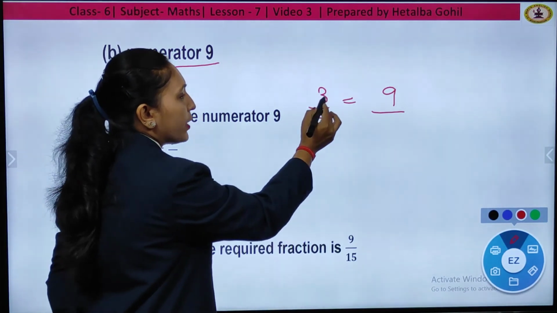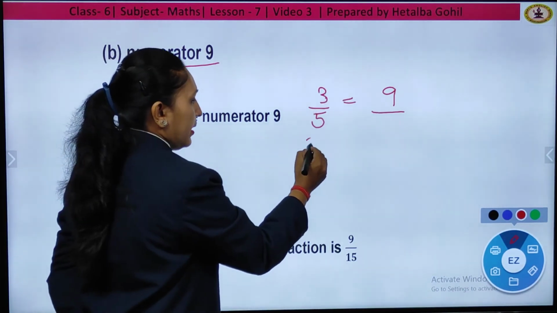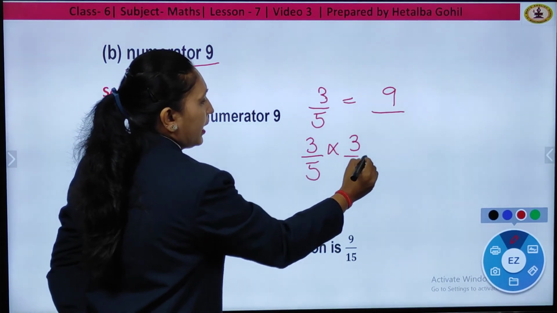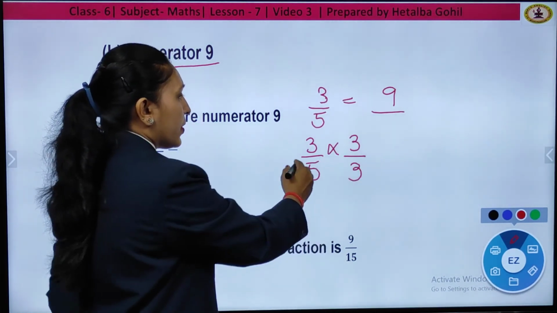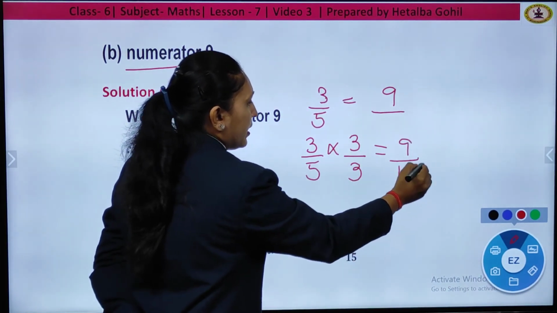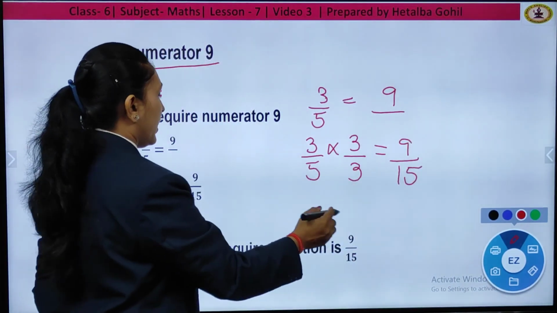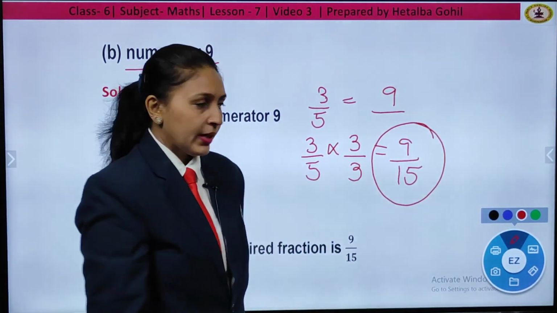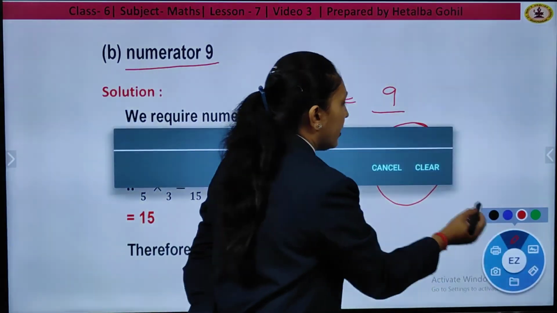Now what did I multiply to 3 to get 9 children? Yes, we have to multiply by 3. So 3 upon 3. 3 3s are 9 and 3 5s are 15. So 9 upon 15, that is our next required fraction that we have converted with the numerator 9.